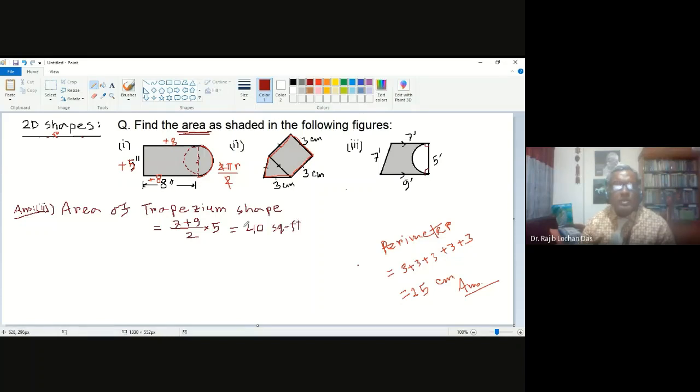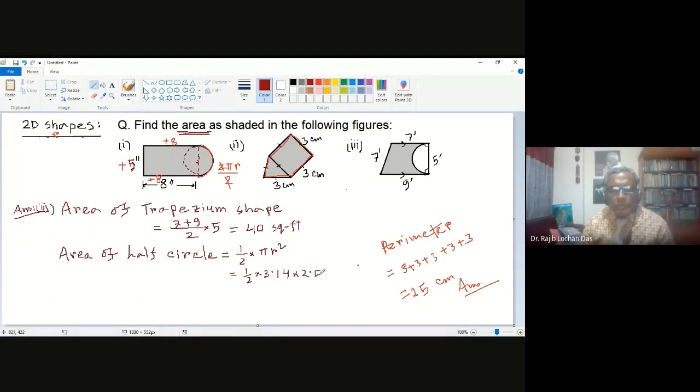This is the first part. The second part is the circle. So you will write area of the half circle. What is the half circle formula? You already know. And what is the radius? That thing you need to understand. It is not given directly. So it will be half into pi r square, and in this case it is half into 3.14 into r, which is 2.5.